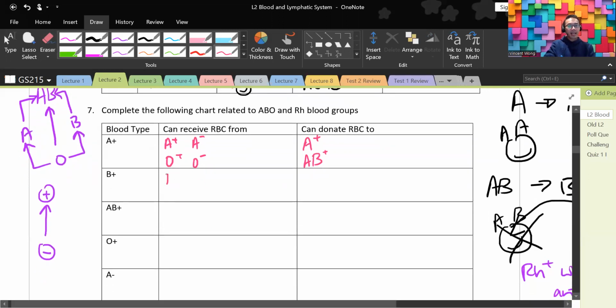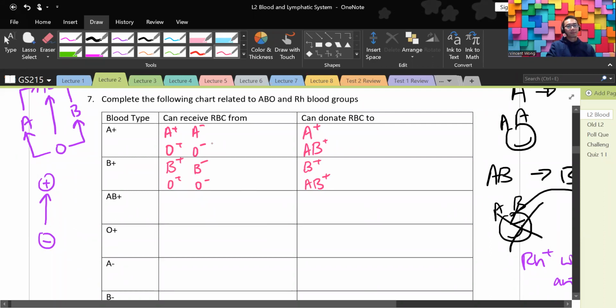Now this one is the same. I'm just gonna write it down. And if you don't understand it, you can ask me later on, or you can ask me now. Okay. But I want to know the AB positive. AB positive. Who can we receive? Who can AB positive receive from?